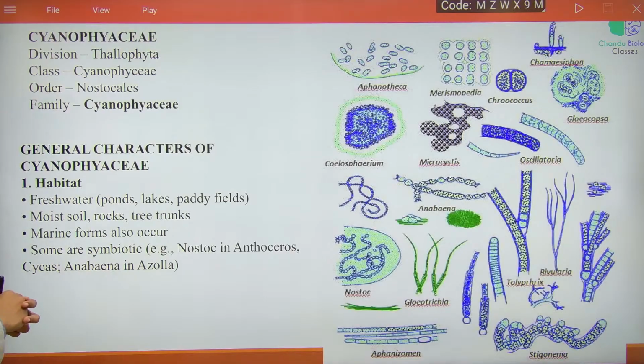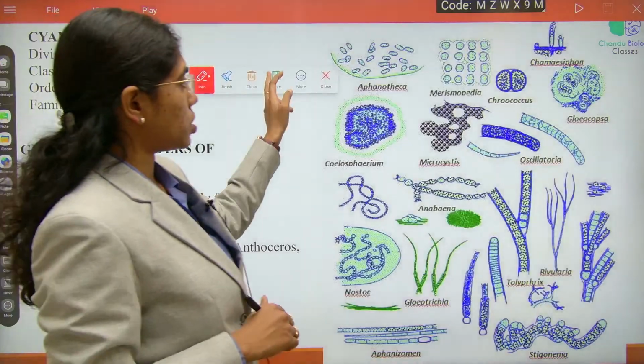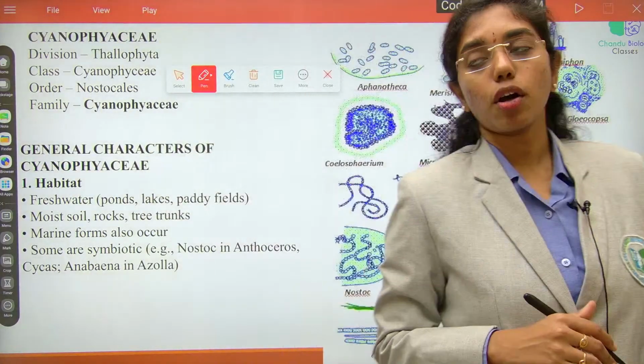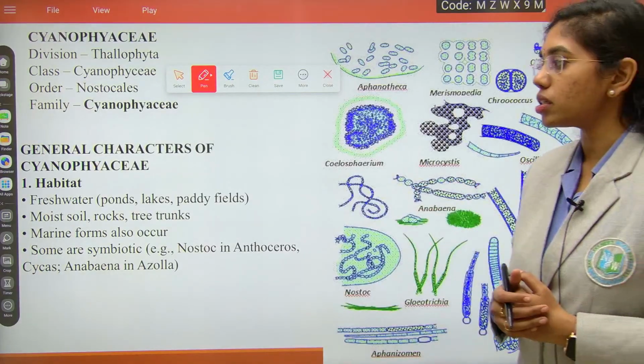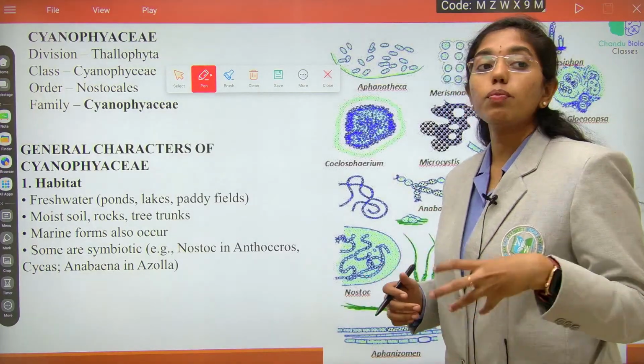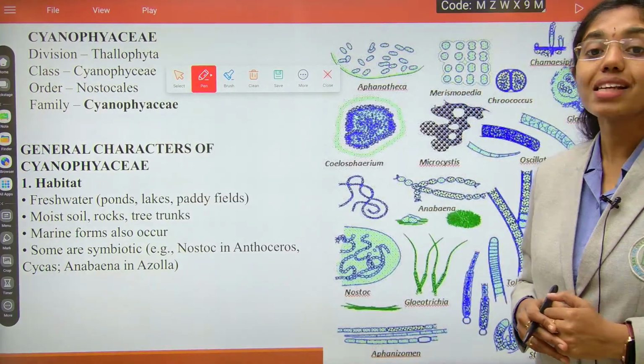General characteristics of Cyanophycean members. Firstly, the occurrence or habitat: they usually occur in ponds, lakes, paddy fields. Mostly they are associated with moist surface regions, and few of them also act as symbionts.